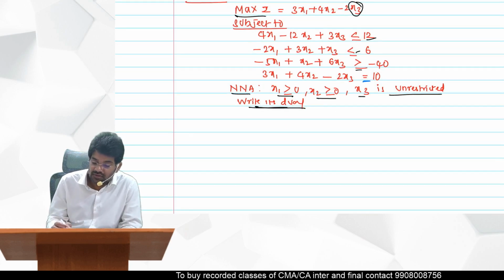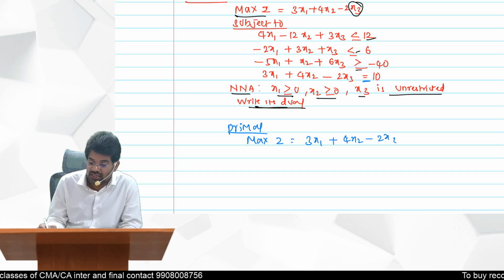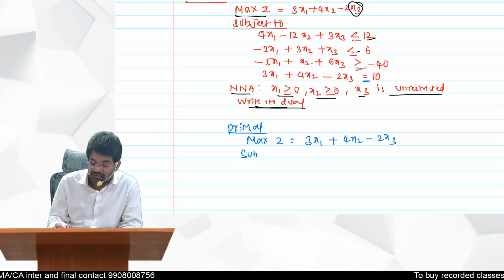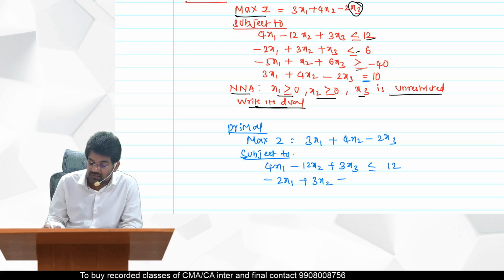Now first the primal only we will write. Maximize z is equal to 3x1 plus 4x2 minus 2x3, subject to 4x1 minus 12x2 plus 3x3 less than or equal to 12, minus 2x1 plus 3x2 plus x3 less than or equal to 6.